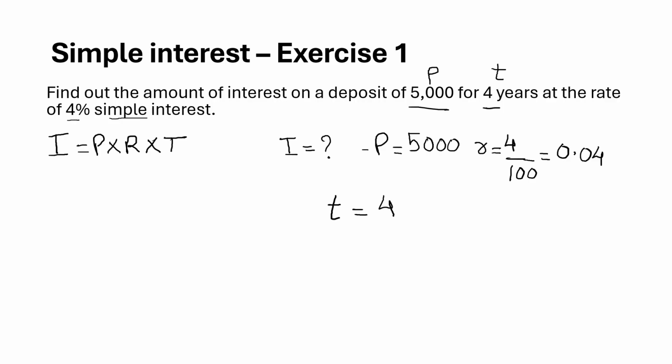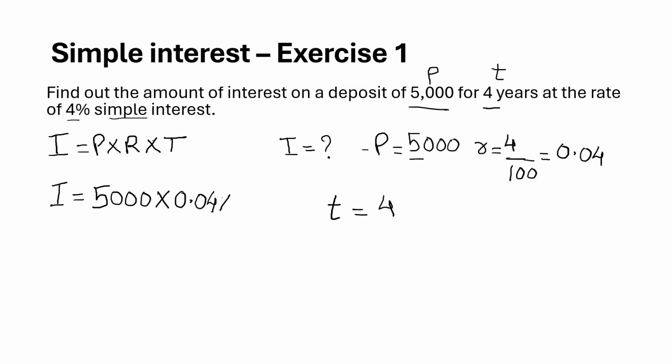Now what I will do? Put it in the formula. Here we have written the formula. I is equal to, so what is my P? My P is 5000. The principal. So principal is 5000. Multiply by rate of interest. My rate of interest R is 0.04.